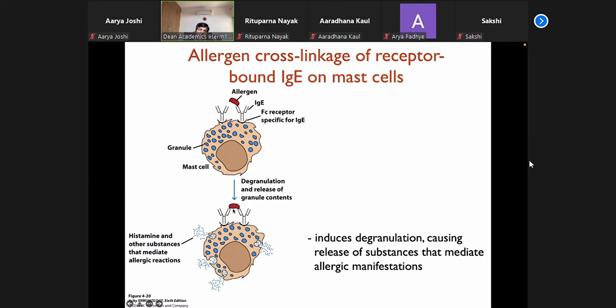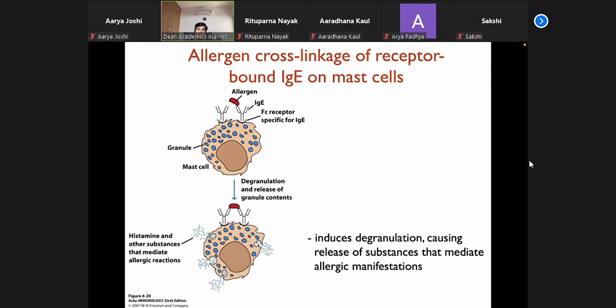Once you have this cross-linking of the antibody molecules because of the presence of this allergen, you induce downstream signaling events. A lot of calcium signaling is taking place in these cells. And these granules, which already had this preformed histamine, right? This is released, and now you are actually in big trouble, because then you start showing these symptoms almost immediately.